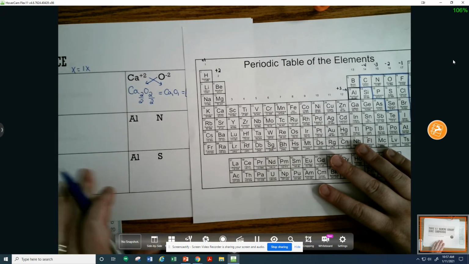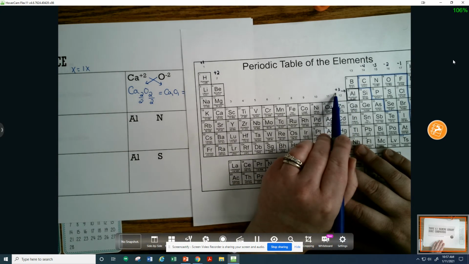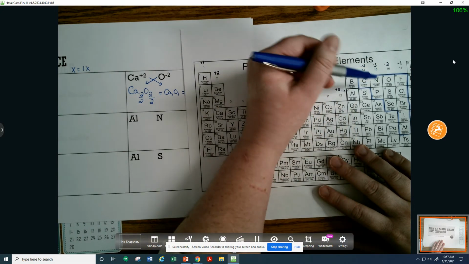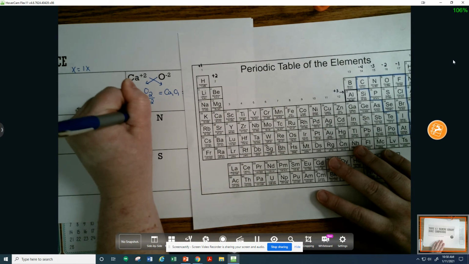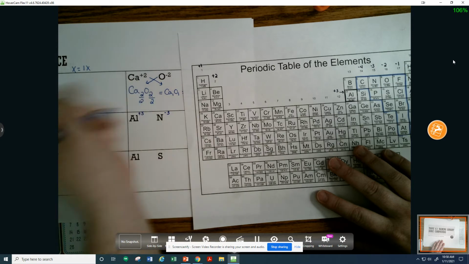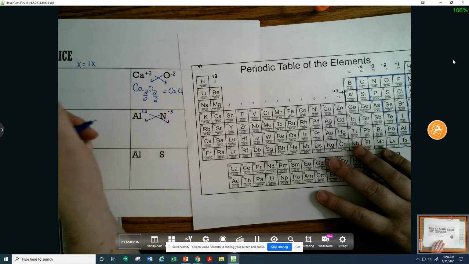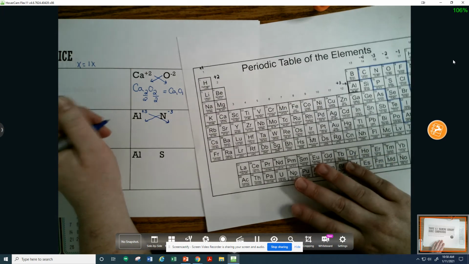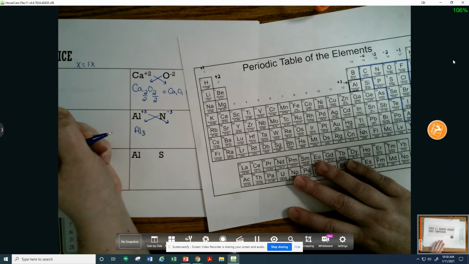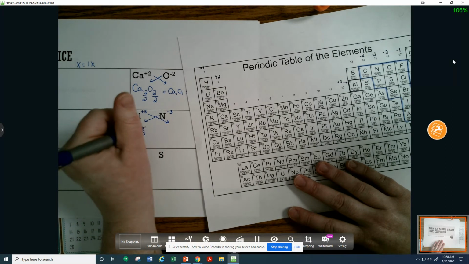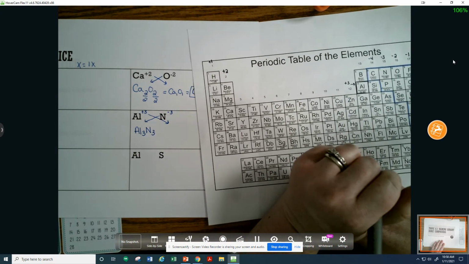In my example here, we have Al and N. Al is a plus 3 charge. Nitrogen is a minus 3 charge. So we're going to show our crossing down. The subscript that's being brought down to the aluminum is now 3 without the charge. The subscript that I'm bringing down to the nitrogen is the 3 without the charge.